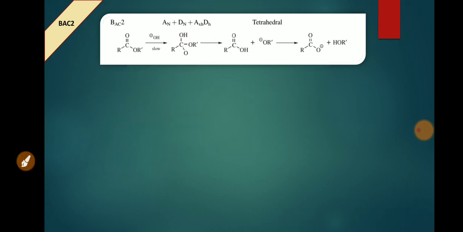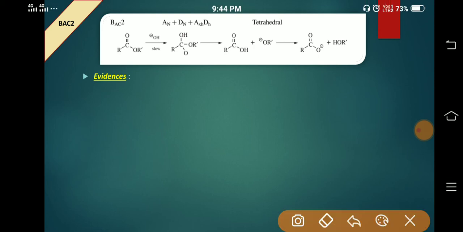This mechanism is common for base catalyzed hydrolysis, because it involves nucleophilic attack by base on the ester to give an unstable tetrahedral intermediate, which then decomposes to the products, that is an acid and an alcohol. There are some pieces of evidence indicating that it involves acyl cleavage.